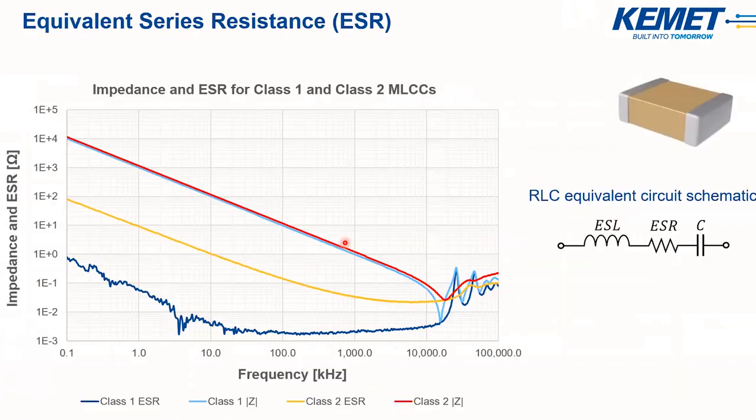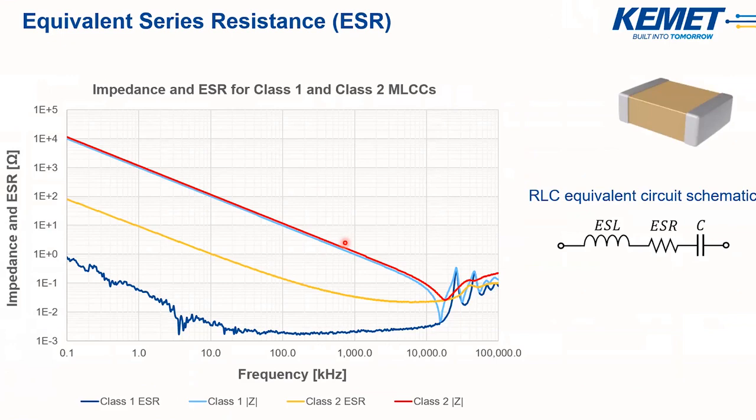Another factor to consider is the equivalent series resistance, or ESR, and that represents the total ohmic losses in any capacitor. At lower frequencies for MLCCs, the ESR is dominated by the dielectric losses, while at higher frequencies, the ESR is dominated by metal losses in the electrodes.